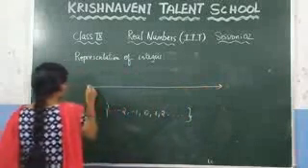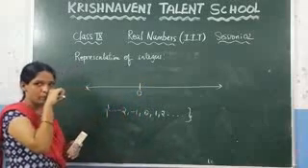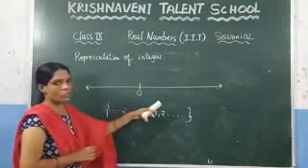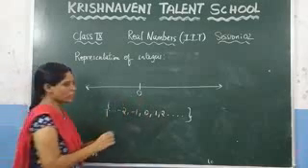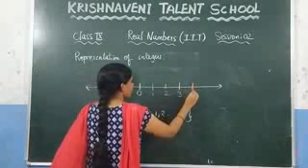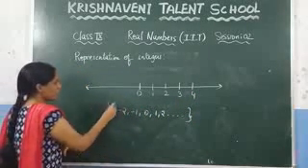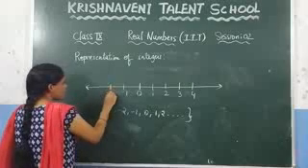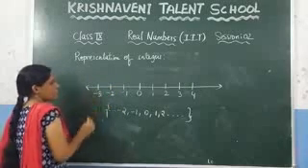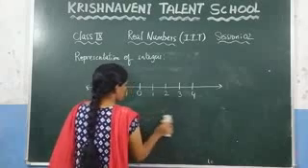After that, place 0 at the center of the number line, and to the right of the 0 you have to write the positive numbers, which are 1, 2, 3, 4, like that. To the left of the 0 you need to write the negative numbers, which are -1, -2, -3, like that. Like this you need to represent the integers on a number line.